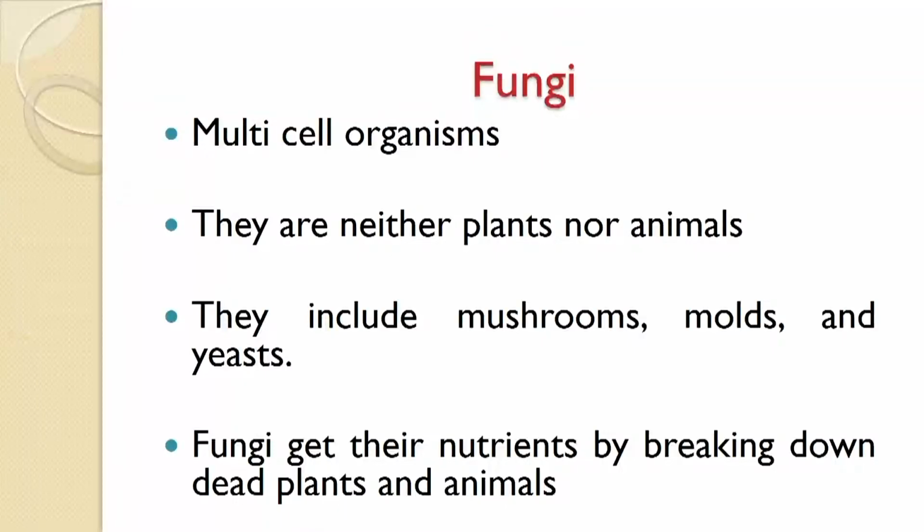Now let's understand fungi. Fungi are multi-celled, eukaryotic organisms, and they are neither plants nor animals, so we cannot classify fungi as a plant or animal. Based on characteristics, there are different types of fungi. It may be mushroom, mold or yeast, and fungi get their nutrients by breaking down dead plants or animals.